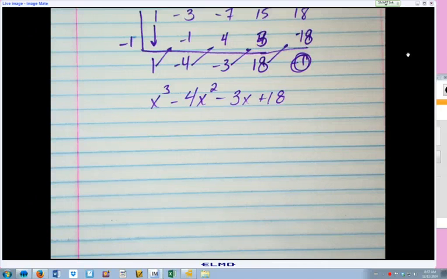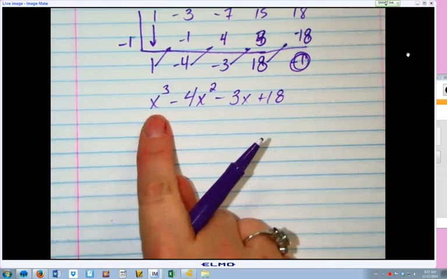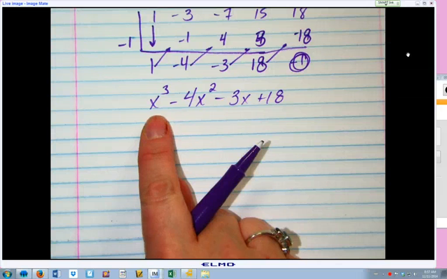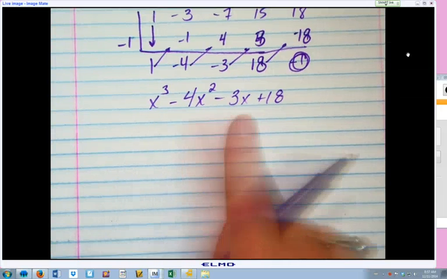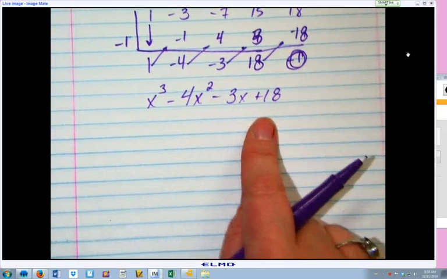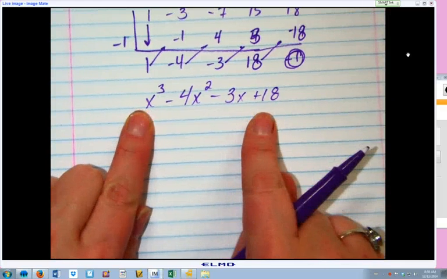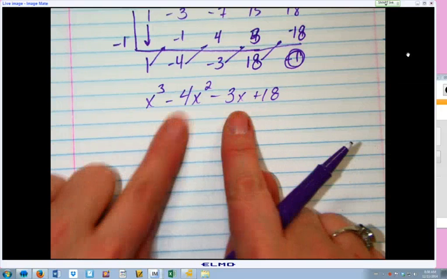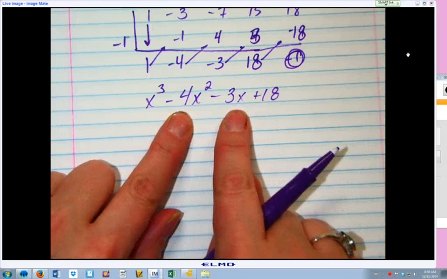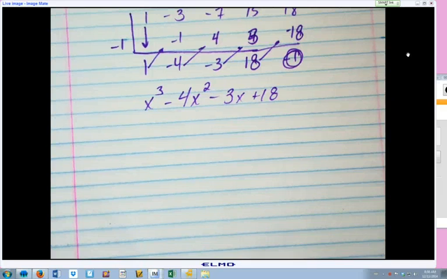What number would you like to pick? Okay, so 1 cubed, 1 minus 4 minus 3 plus 18. So we're going to have positive 1, positive 18, which is 19. We're going to have negative 7, probably not going to work.